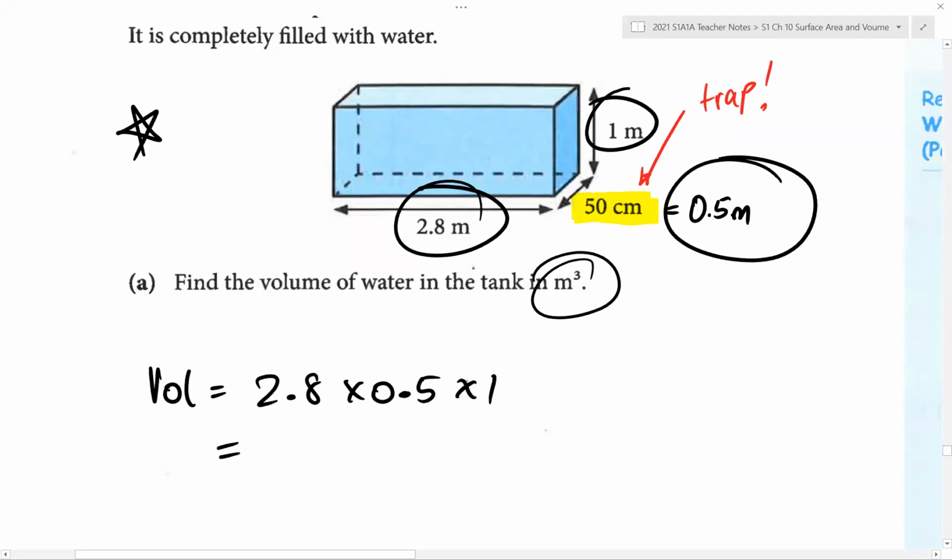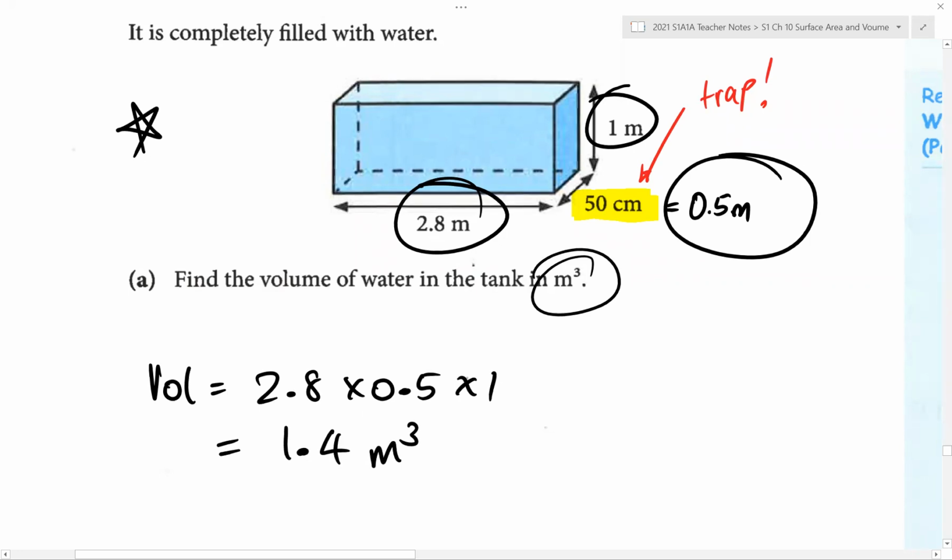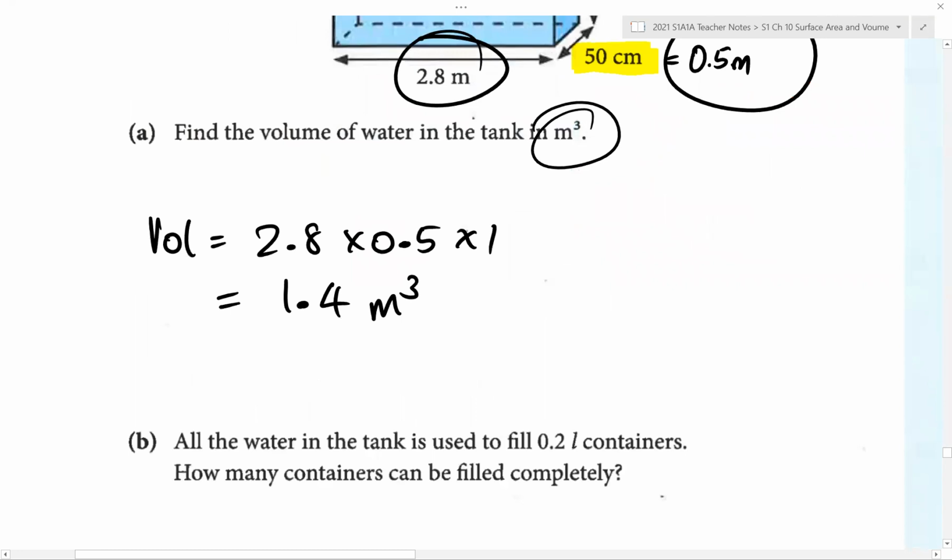Okay, thank you. Okay, we got a correct answer now. It is 1.4 cubic meters. This is the amount of water in the tank.